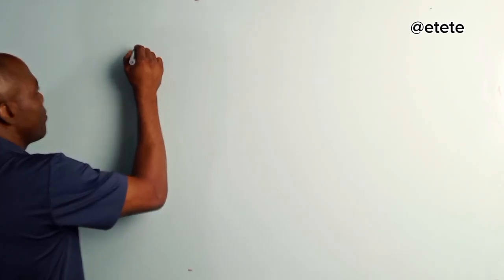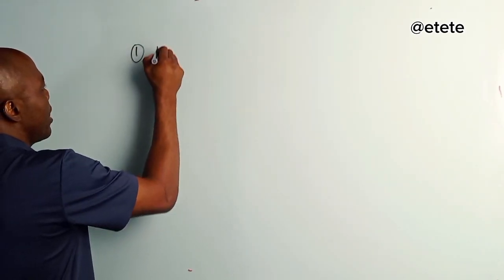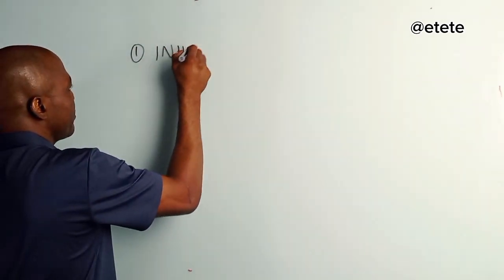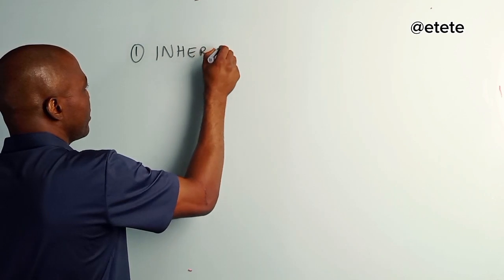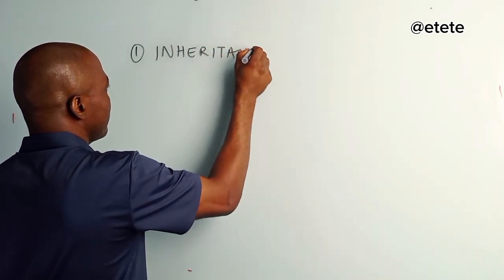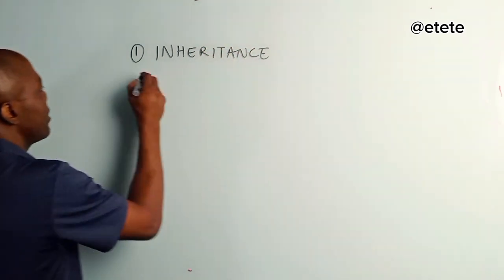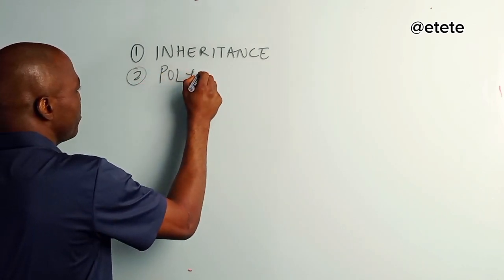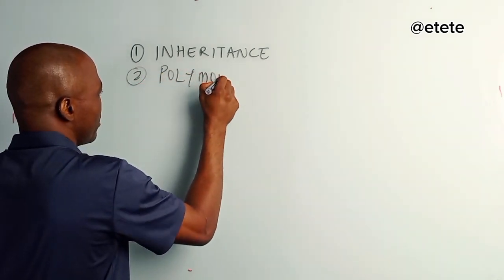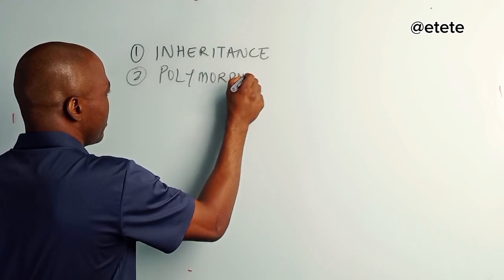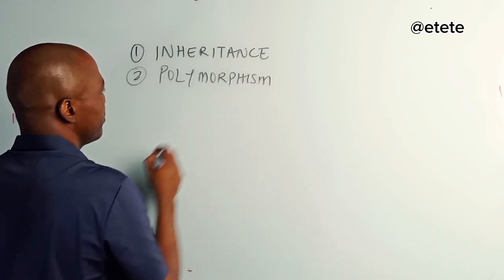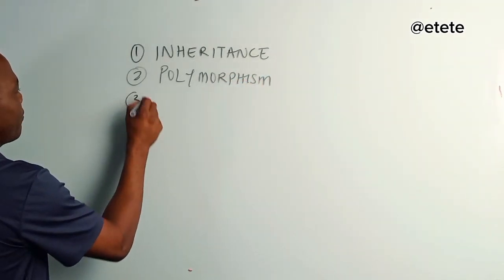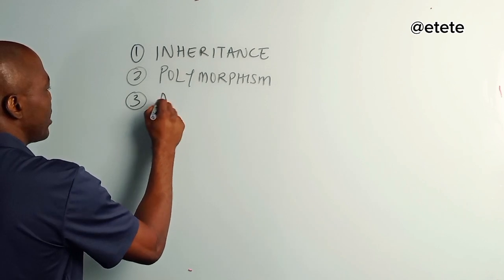We have the first one, inheritance. We have polymorphism. We have abstraction.